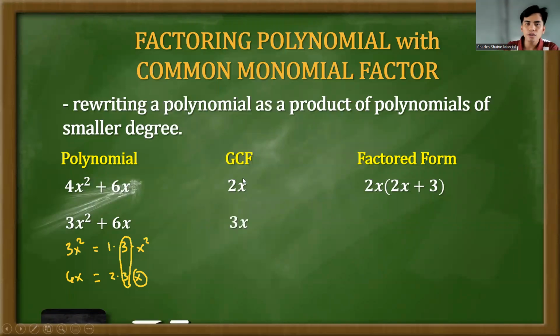Alright? Now yung next na gagawin natin is i-divide na natin yung 3x dito sa 3x squared plus 6x. So we have 3x squared divided by 3x plus 6x divided by 3x. So 3 divided by 3, that is equal to 1. 2 minus 1, itong exponent is equal to 1.